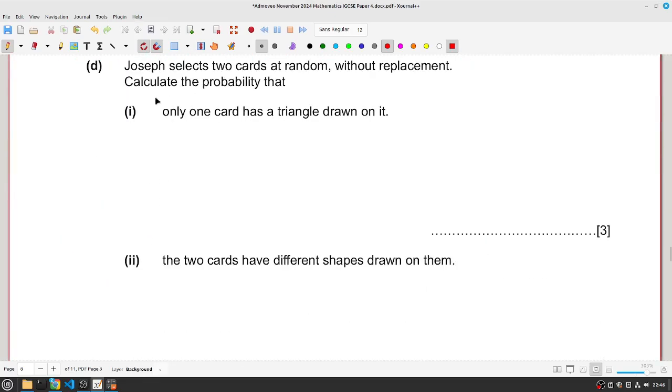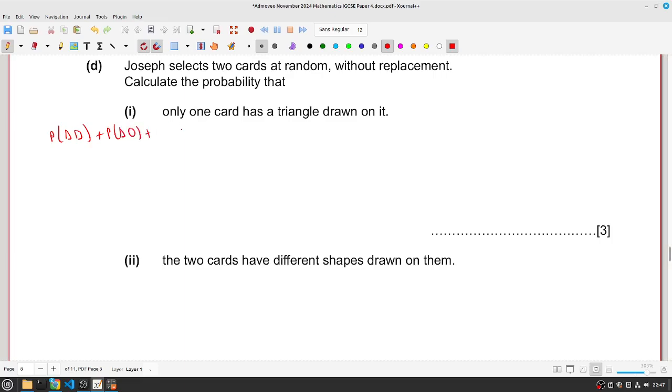Question D. Joseph selects 2 cards at random without replacement. So now he takes out a card and then takes out another card without replacing the first one. So that affects the probability of the second draw. He calculates the probability that only one card has a triangle drawn in it. So only one card a triangle. Again, that's going to be either triangle square or triangle circle.